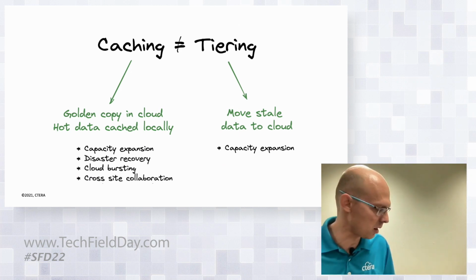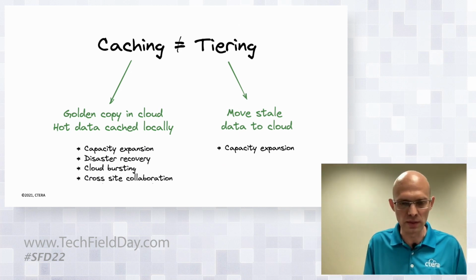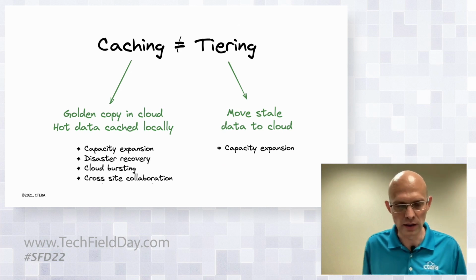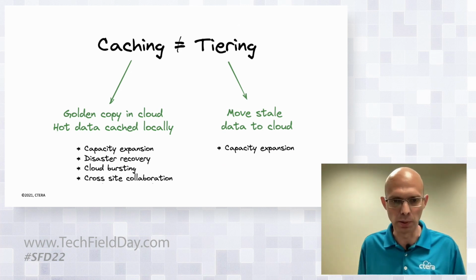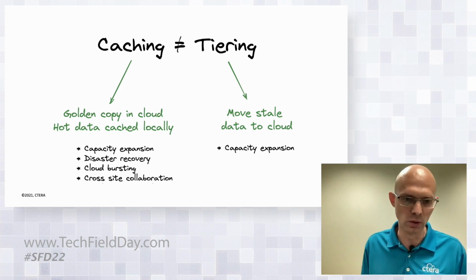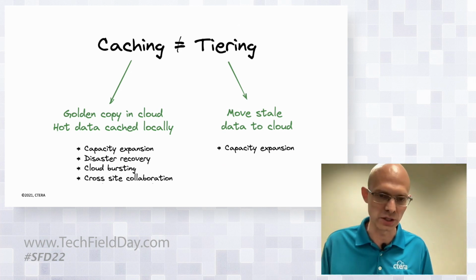Because the golden copy is in the cloud, caching allows you many more use cases. One of them is disaster recovery. When you have a caching gateway or caching appliance, if your device fails, all you need to do is spin up a new virtual machine, a new caching appliance.